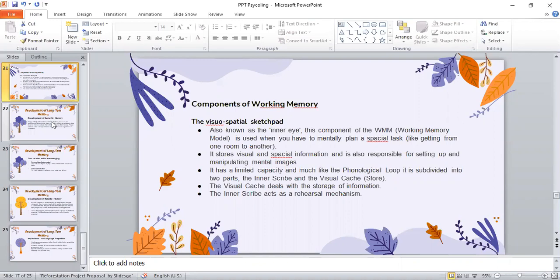It has a limited capacity, and much like the phonological loop, it is subdivided into two parts, the inner scribe and the visual cache, or store. The visual cache deals with the storage of information. The inner scribe acts as a rehearsal mechanism.